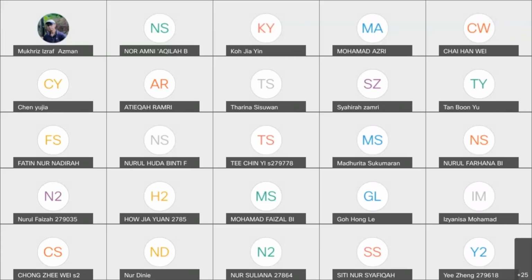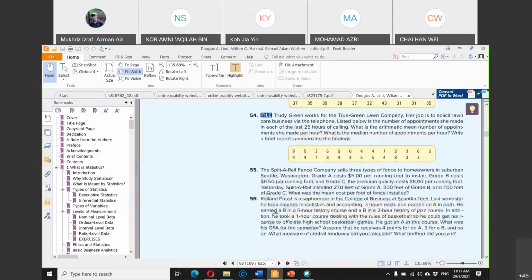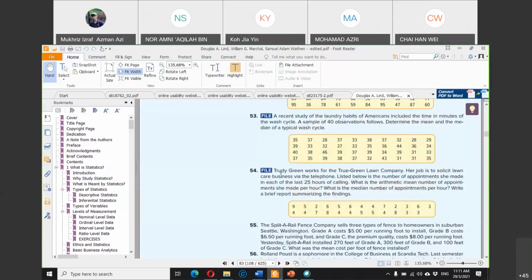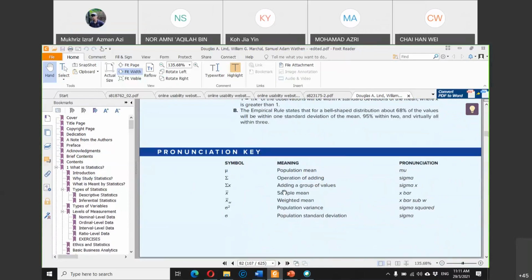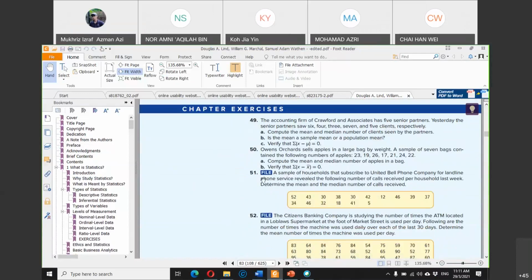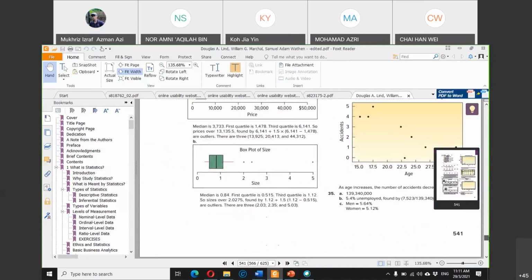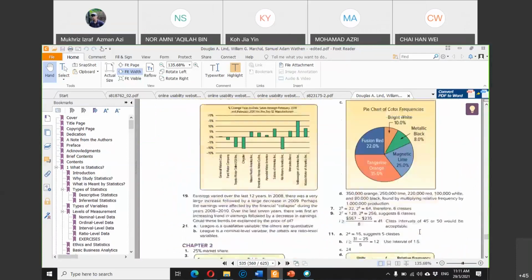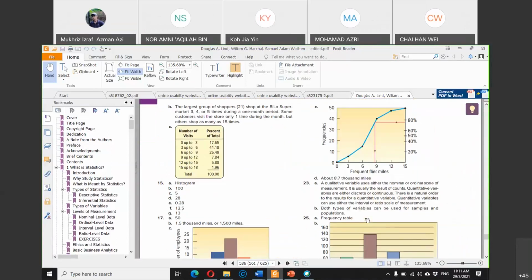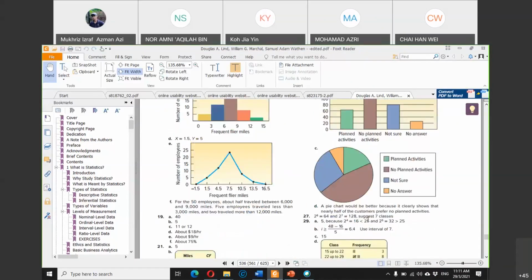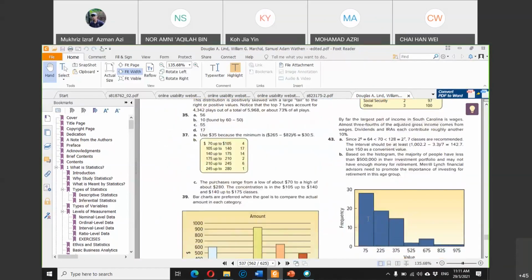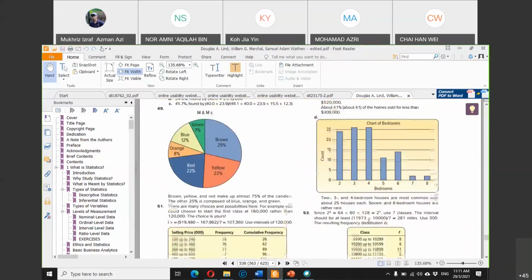In your chapter exercise, if you're referring to odd number questions, for example question 51 is an odd number question, so you can go to the answers at the back, the solutions for chapter 3.